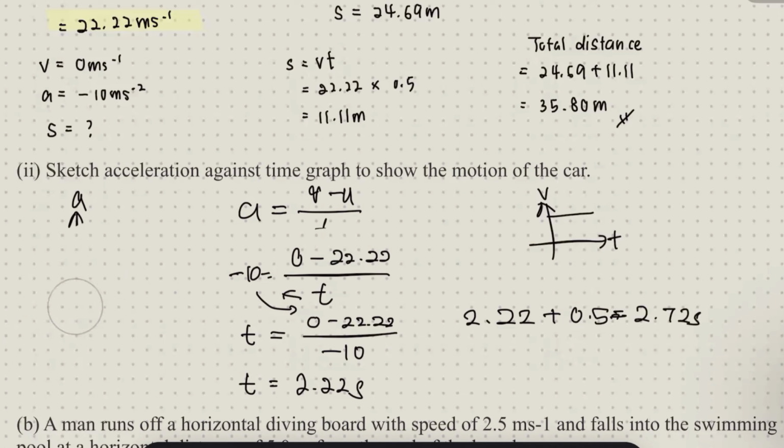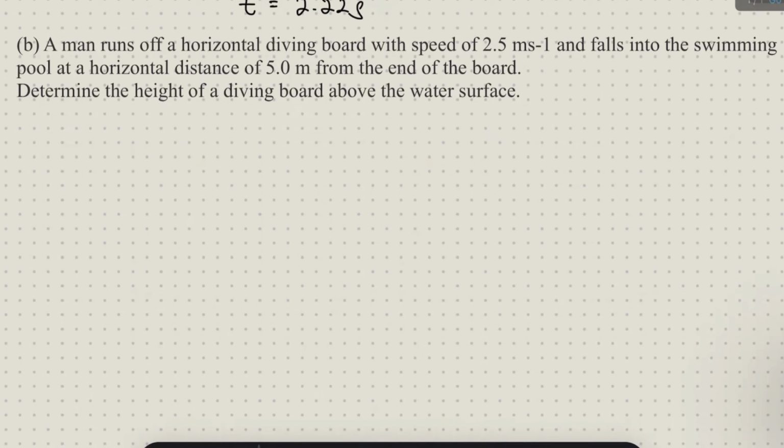Okay, now let's look at question B. It is stated that a man runs off a horizontal diving board with a speed of 2.5 meters per second. So we can draw the diagram out. And he falls into the swimming pool at a horizontal distance of 5.0 meters from the end of the board.